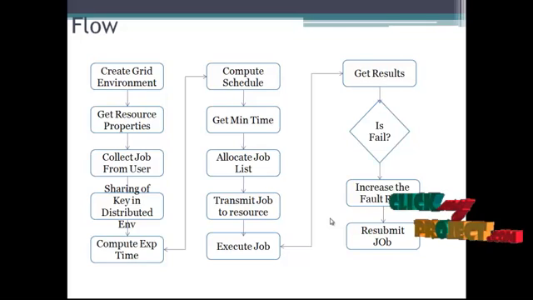Now the job will be executed in each resource to which it was allocated. When we get the results, the status is checked to see whether it failed or succeeded. If a failure occurs, the fault rate will increase and the scheduling indicator will decrease. Then we have to resubmit the job to another resource for further execution.